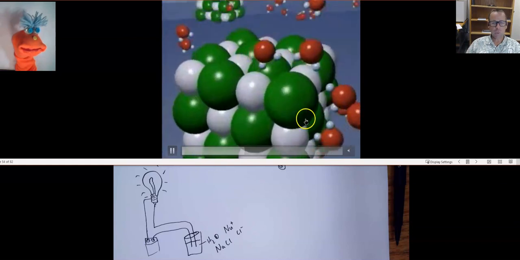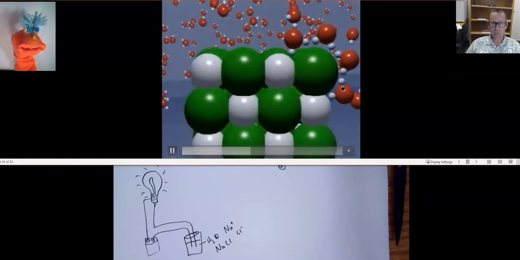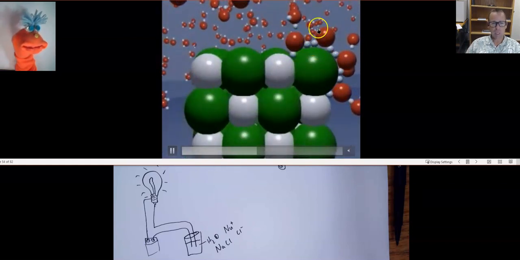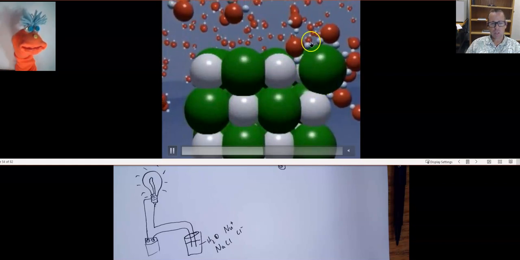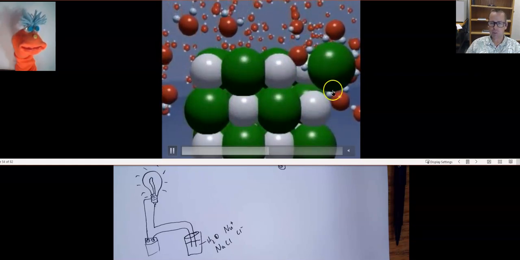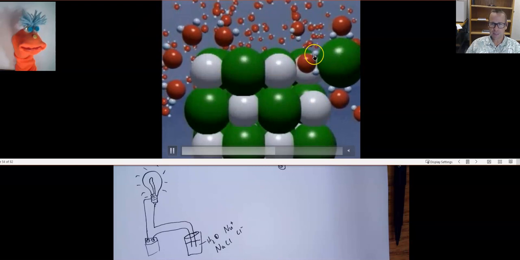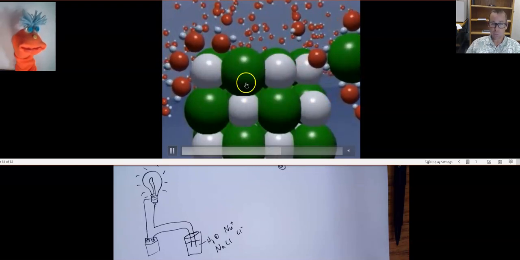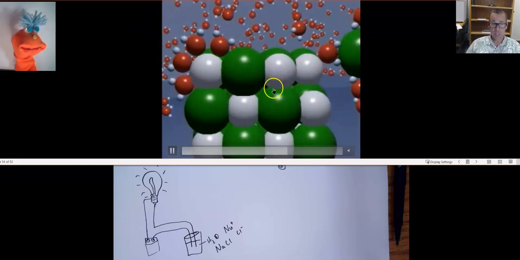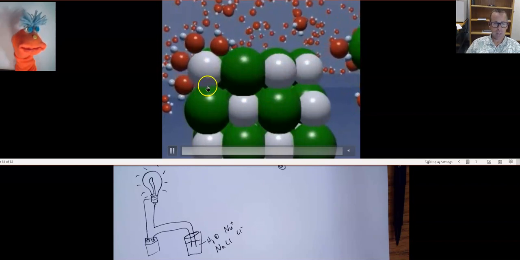Now, if you place this in water, water dissolves this 3-dimensional lattice. And what's happening is the water molecules are surrounding these ions and providing the stabilization that the ions were receiving in this crystal lattice. The water molecules are providing that now.